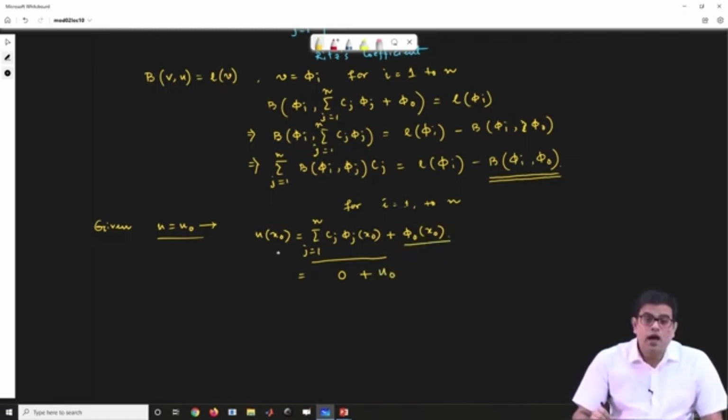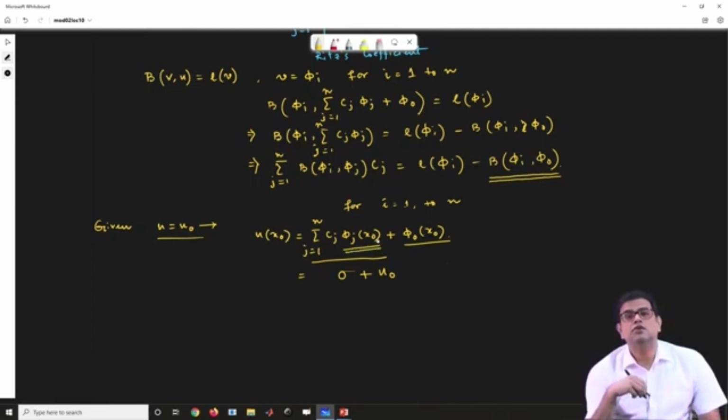This has an advantage because I am using phi j as my weight function also. The weight function also has to satisfy the homogeneous boundary condition, so if I choose this function to be 0 at x equals 0, then I can use this as a weight function.